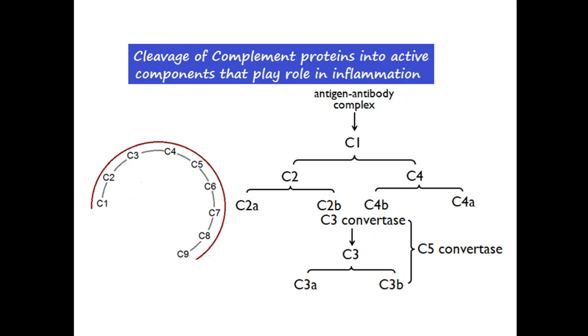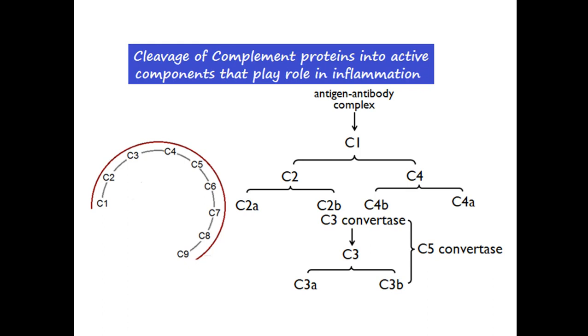Now, the first component of the plasma-derived chemical mediators is the complement system. The complement system actually consists of 9 complement proteins from C1 to C9. Once a protein of the complement system is activated, this activated protein will activate and break down other proteins into their active components.